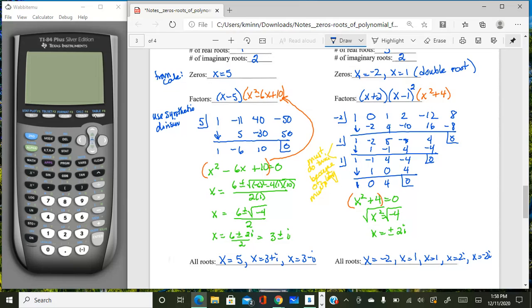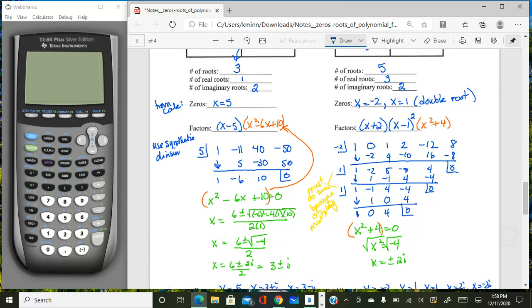If you wrote it out, you could write x equals negative 2, x equals 1, multiplicity of 2, and x equals plus or minus 2i if you wanted to shorten it up a little bit, but listing them all out is a great conclusion.